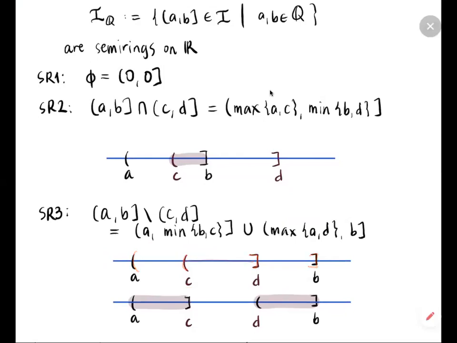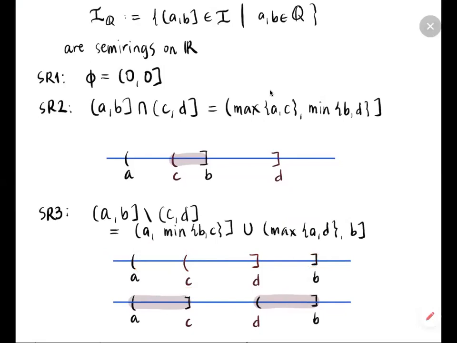And if we subtract CD from AB, we would get these two cells here. Since C is not included here, in the difference, C must be included. On the other hand, since D is included here, D must not be included in the difference.